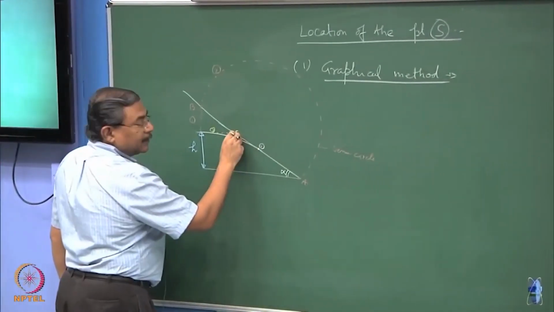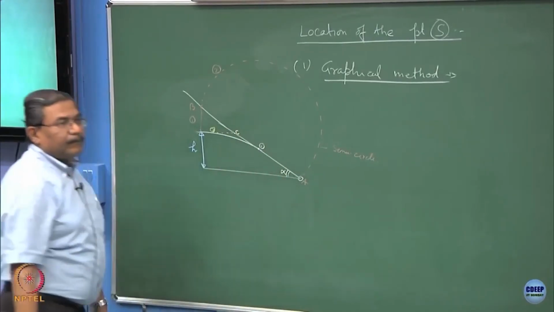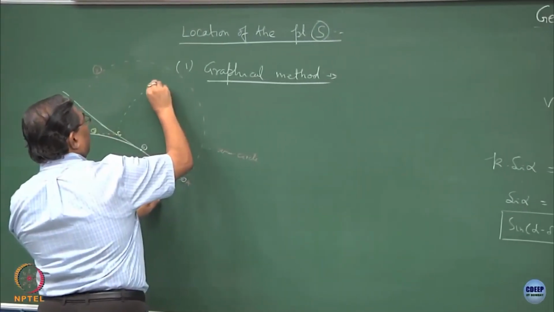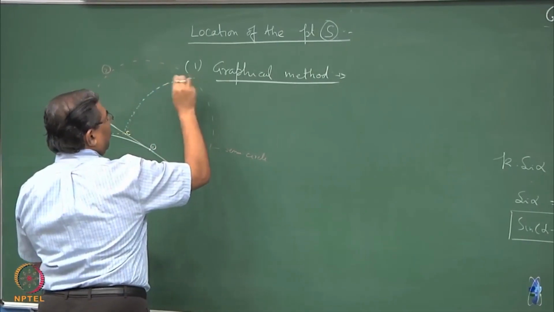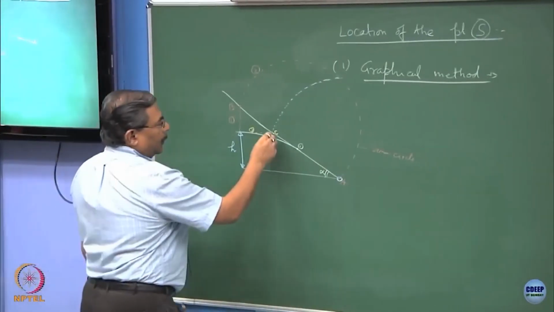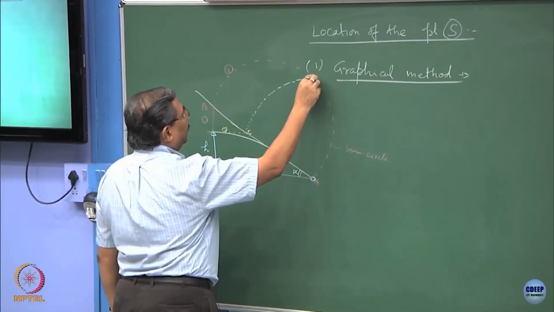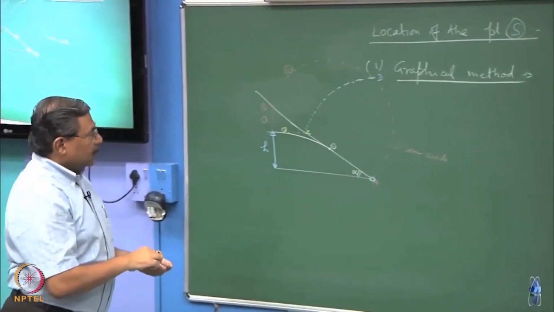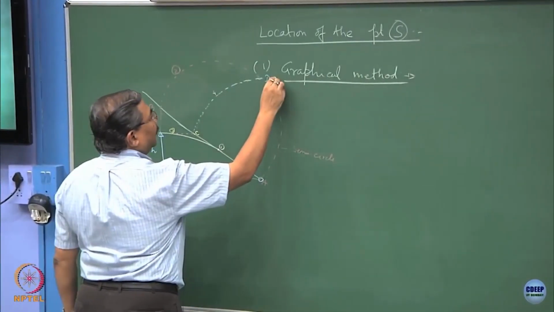Take AC as the radius and keeping A as the center, draw an arc. So, A is the center and AC is the radius, get the point D. This is step number 4, get point D is 5.